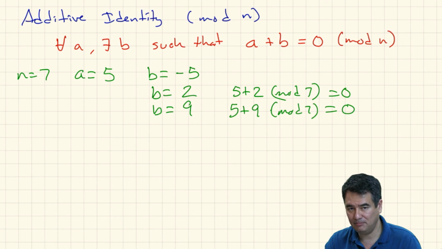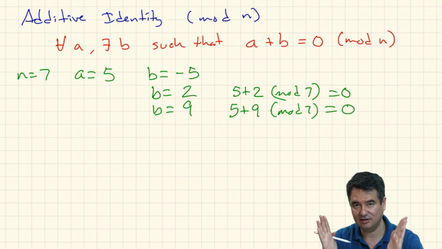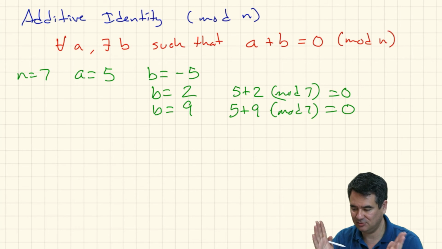Okay, so there's many different values of b, which when added to a gets you 0. So that's the difference here in identity under modular arithmetic, is that there's many possible values of b, and you're going to keep everything constrained within 0 through 6.